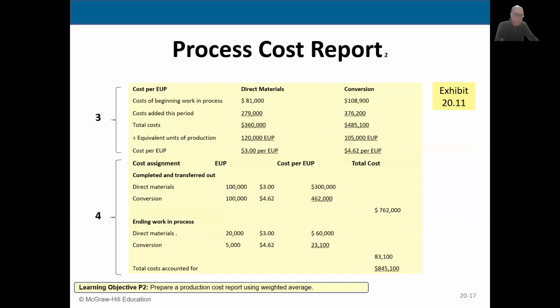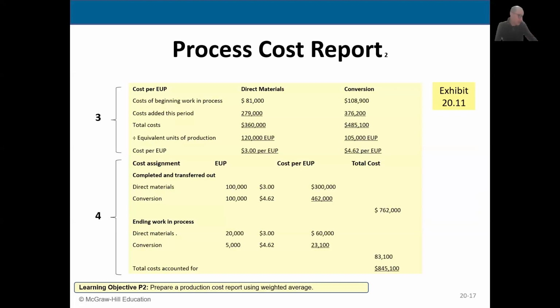You'll notice that this 762,000 represents the total cost of the 100,000 units transferred out of the roasting department and into the blending department. Remember, completed and transferred out to the next department. The 83,100 represents the cost of the 20,000 partially completed units at the end of the accounting period.